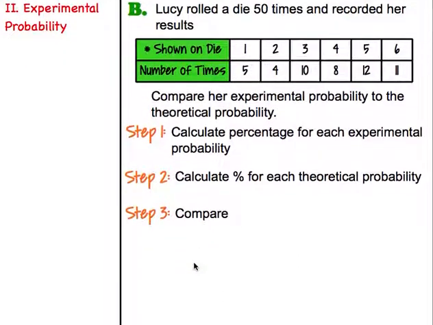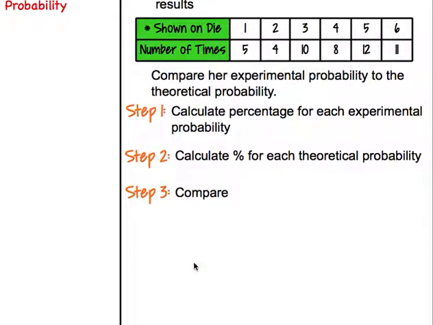So when I take a look at this, the experimental probability, and I'm going to put EP so I know I'm talking experimental, and then I'll do theoretical probability over here on the side so we can compare them. Now our experimental probability.